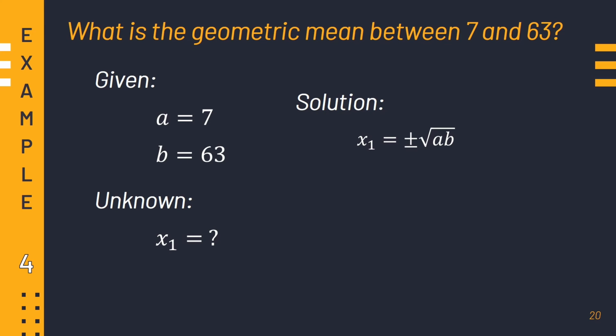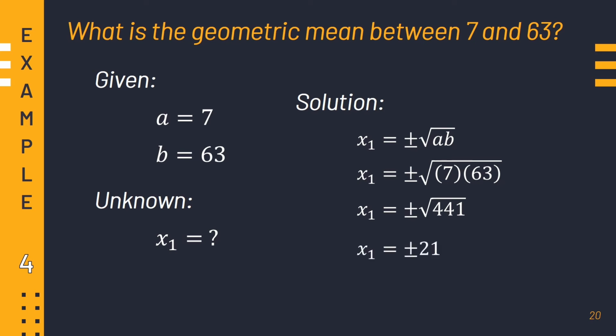Substituting all the given, we have x sub 1 is equal to positive or negative square root of 7 times 63. Multiplying those quantities under the radical sign, we have 441. Solving for x sub 1, we will take the square root of 441, and that is 21.